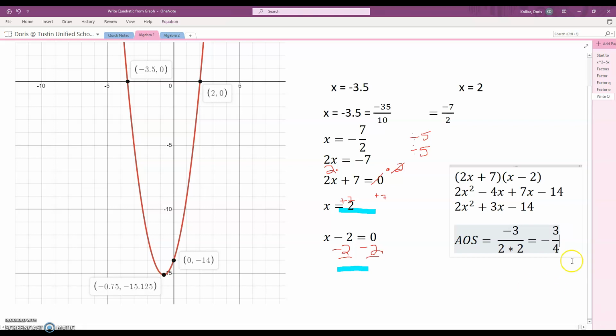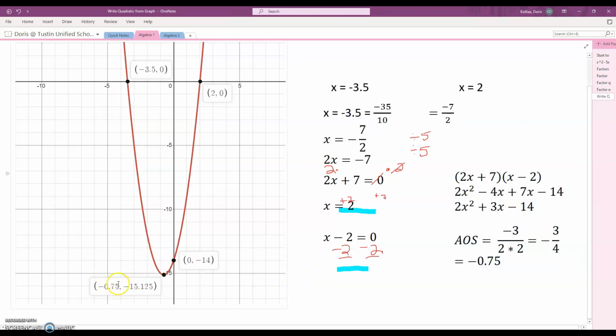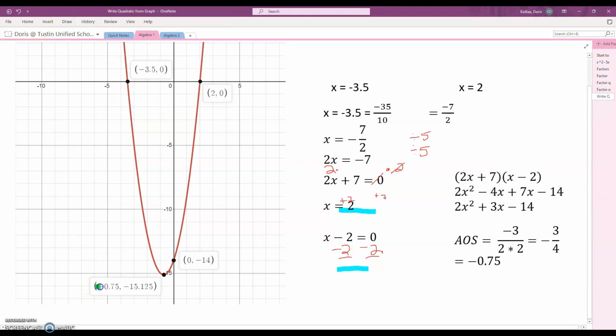And then I'm going to plug that into my calculator. And lo and behold, that will equal a negative 0.75. All right? And that's what I have right here. Let me highlight that as the x value in my vertex.